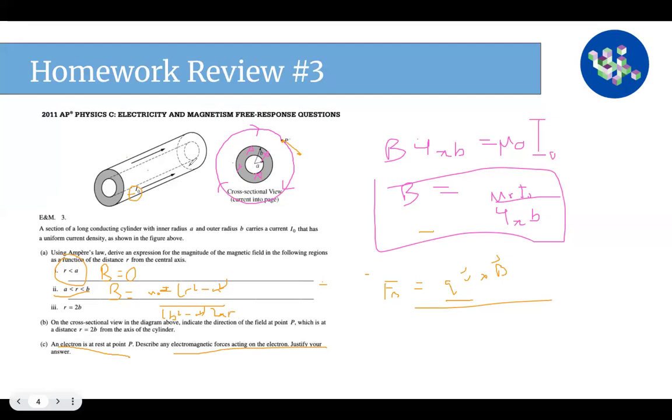Usually we can just ignore the electric field due to the currents, because it's usually a small current, and we can say it's basically a negligible electric field caused by these currents. So that means we have zero magnetic force. We also have a negligible electric force. So the electromagnetic force acting on the electron we can just say equals zero. All right.